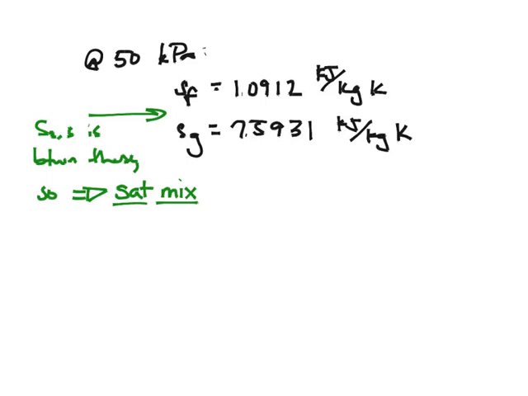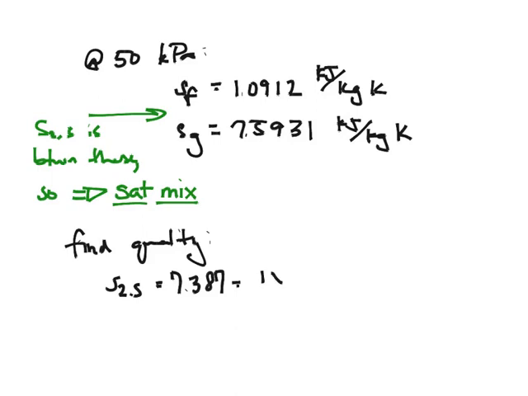So next we need to find the quality, because we're going to need that quality to find the specific enthalpy at state 2. We know what our specific entropy is at state 2 in this isentropic operation, and we're going to write this as a weighted average of SF and SG.